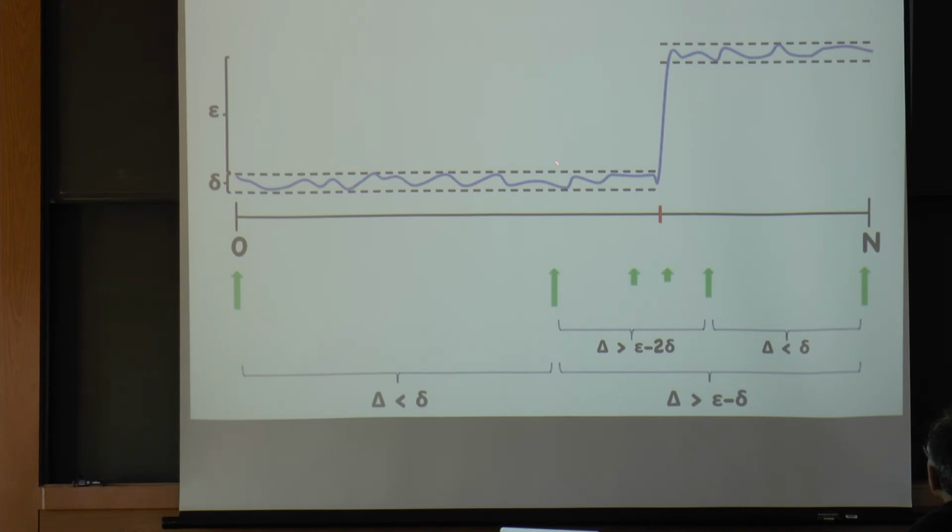Then in the midpoint, the function might be delta. So my gap here is going to be epsilon minus delta. Assuming there's one jump, you can only suffer damage of 2 delta, once from the left and once from the right.